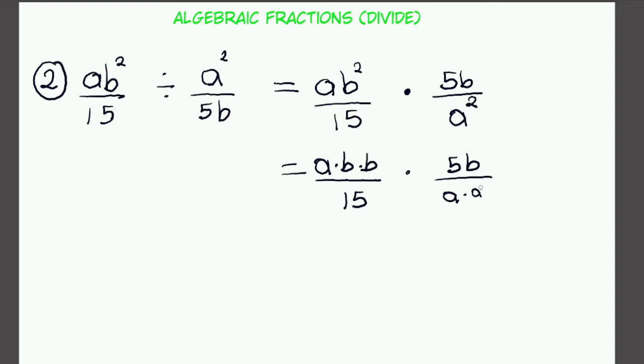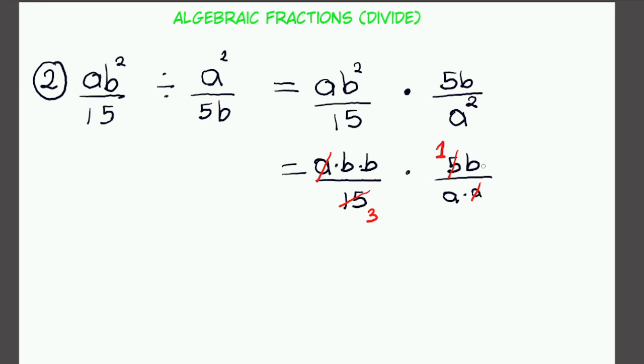This a can cancel this a, and 5 here can go into 5 once, and 5 can go into 15 3 times. Is there anything else for us to cancel? No, there isn't. We cannot cancel numerator with numerator. We only cancel numerator with denominator.